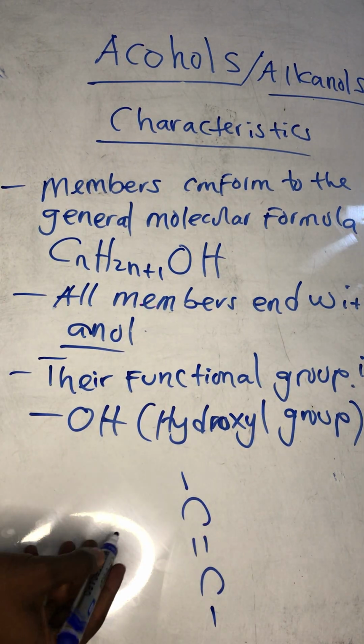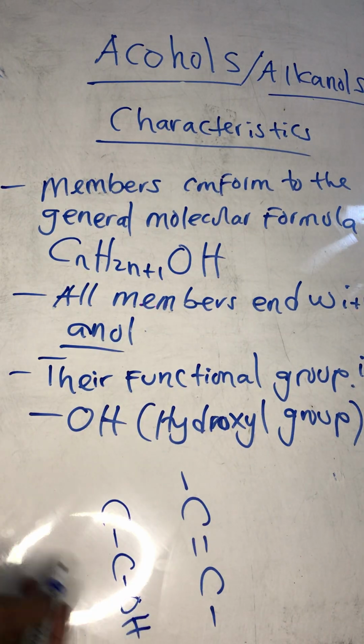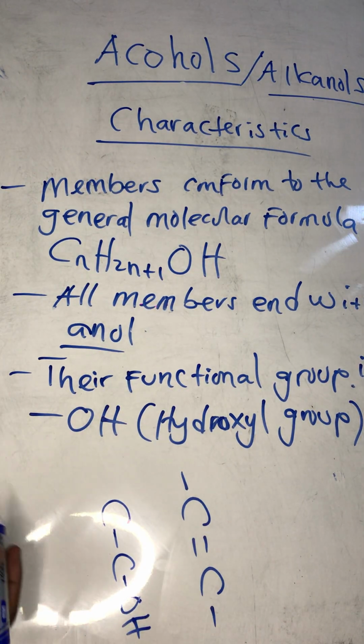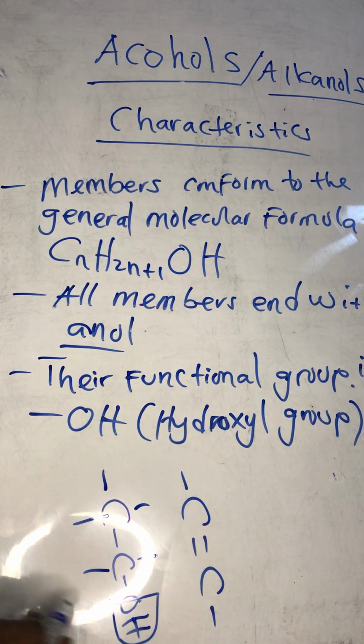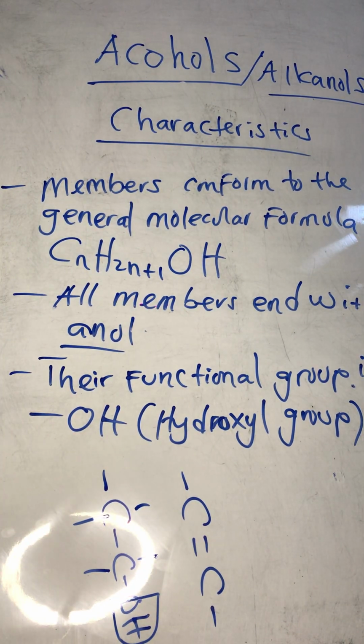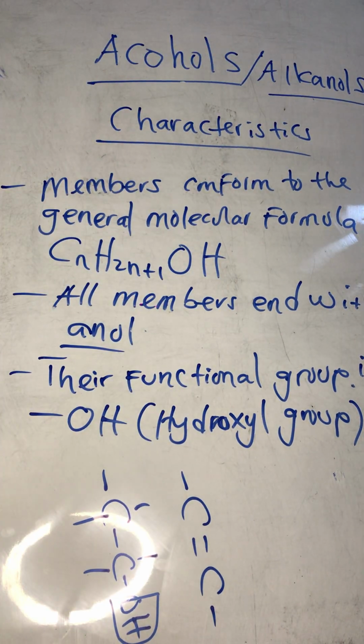So for example, if you have a compound like this one here, and you see OH, then this is an alcohol. Why? Because of that functional group. It's only the alcohols that have this hydroxyl group, this functional group. It gives the chemical properties to these alcohols.